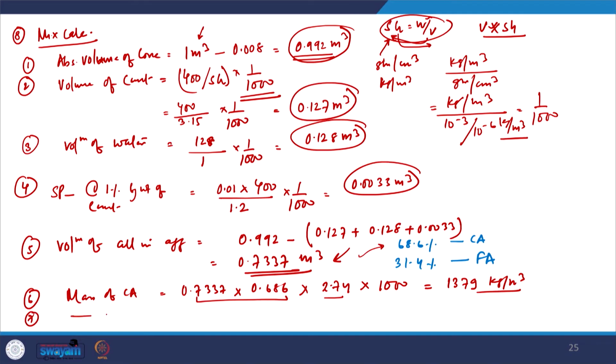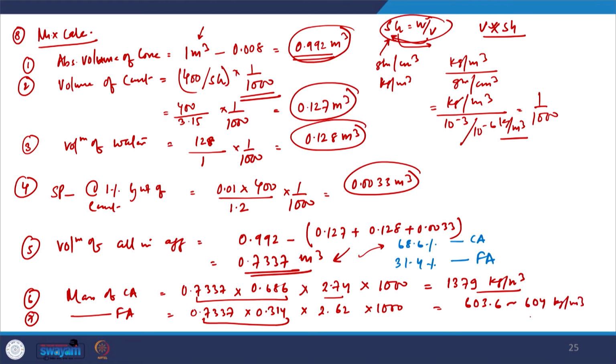Similarly, mass of fine aggregate is 0.7337 into 0.314, this is the volume, into 2.62 that was given in the problem, multiplied by 1000. So, we get 603.6 or let us say 604 kgs per meter cube.